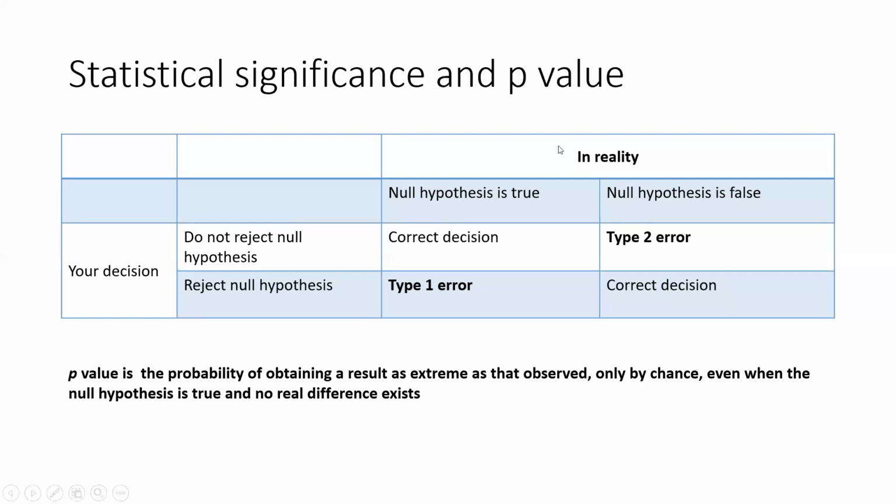Or, in reality, the null hypothesis can be false, that means there is an association between smoking and lung cancer. Both these two things can happen. We don't know what is the true thing.